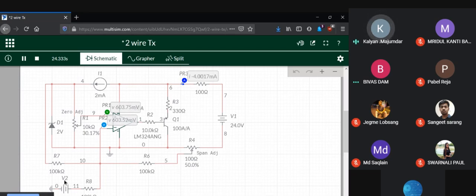This voltage is coming from a sensor. We saw that we have a sensor followed by the transmitter. The output from the sensor is the input to the transmitter, and the transmitter converts this sensor output into a 4 to 20 milliampere signal. This signal should only depend upon the input, and should be independent of load resistance variations and supply voltage changes in the loop.